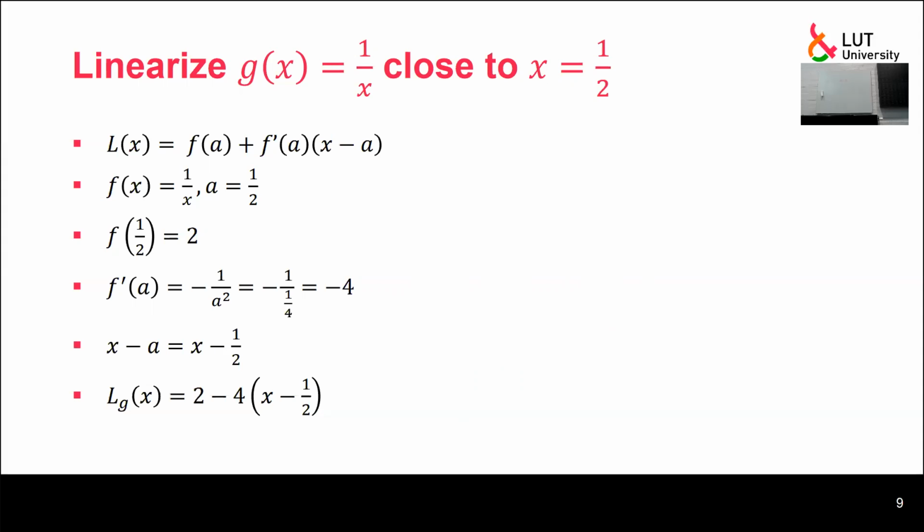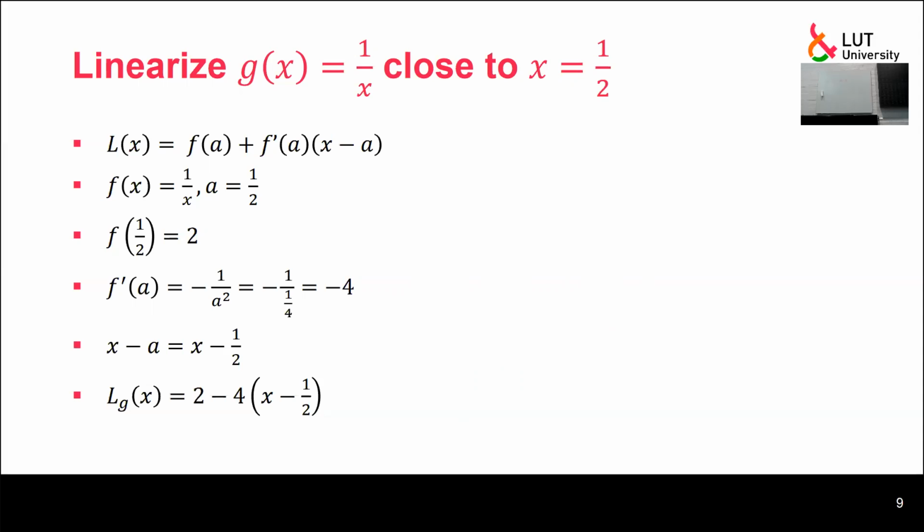X minus a is x minus half, so we're going to get 2 minus 4 times x minus half, or 2 minus 4x minus 2, which is just minus 4x.